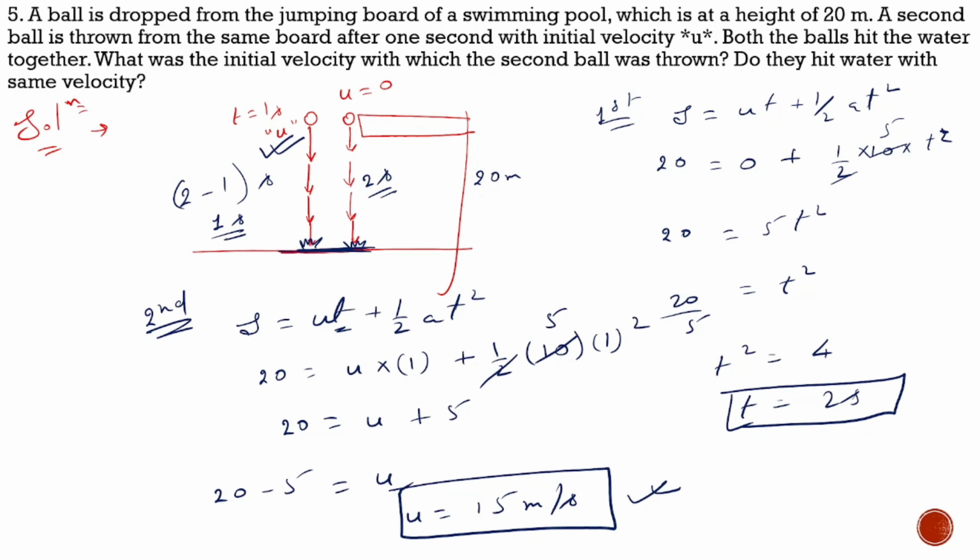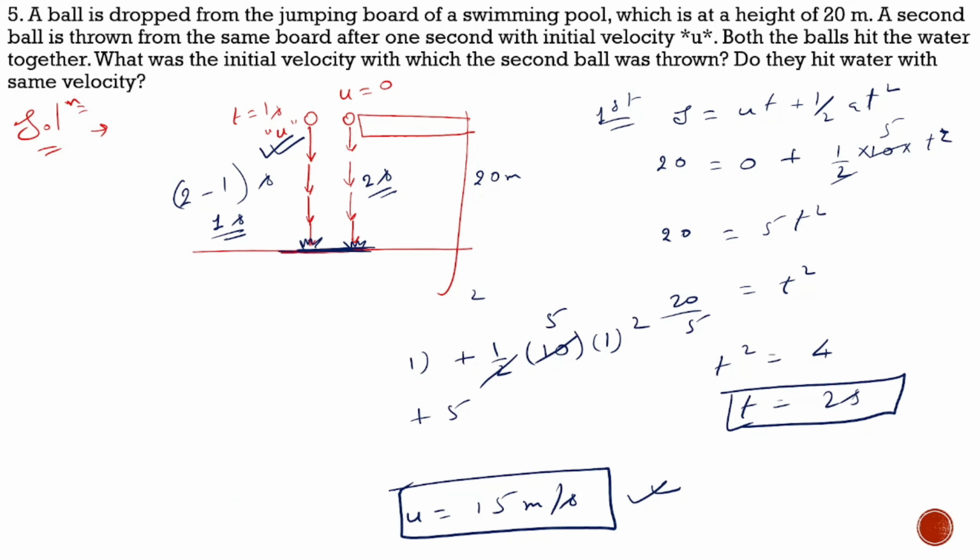Let us check out the final velocity of both the balls. So going with the third equation of motion, v square is equal to u square plus 2as. We know the value of a, we know the value of s, and the initial velocity of the first ball was 0. So for the final velocity of the first ball, u was 0, 2 into 10 into 20 meters.